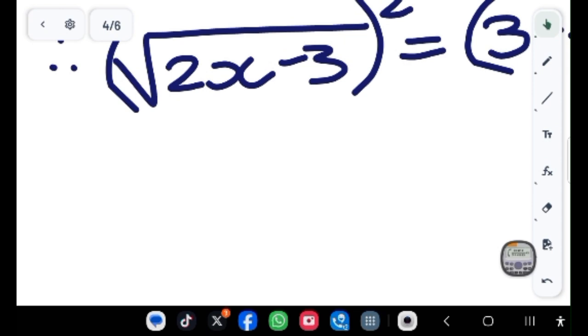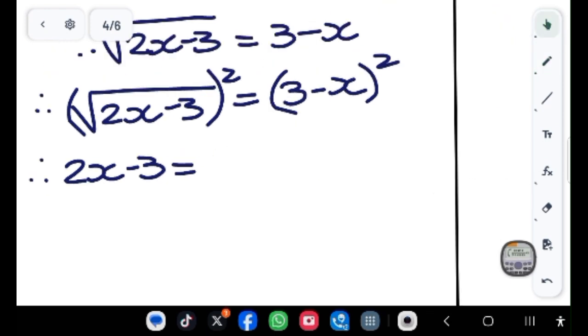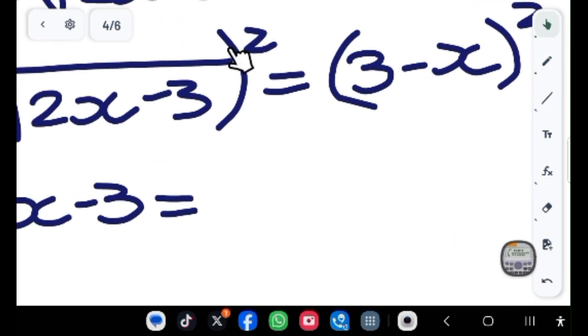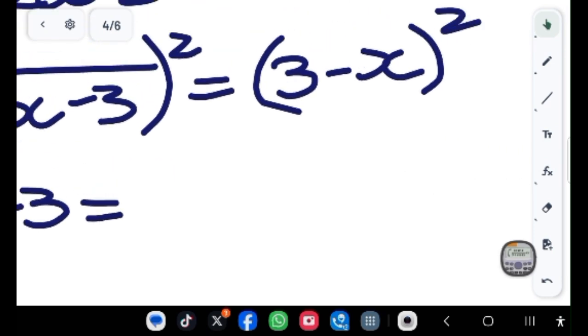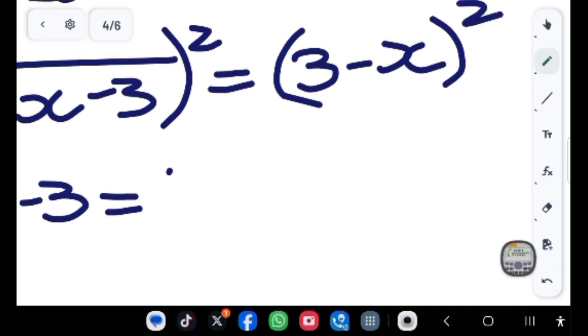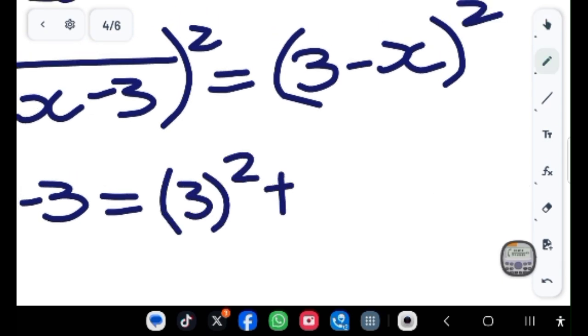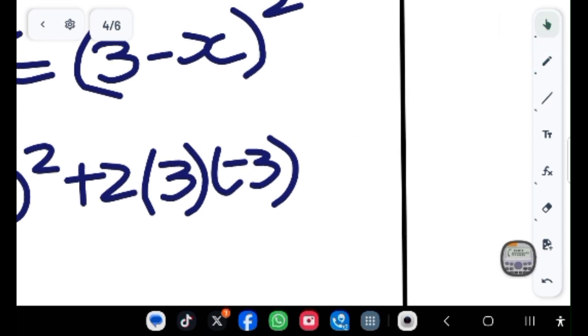Now notice that squaring introduces extra roots that may not necessarily be part of the final solution. So we must make sure that after we've done this, we check. Now, when you square a square root, you simply basically just take off the square root sign. Now here we're going to square the binomial, or you can use FOIL, it's up to you. I prefer squaring the binomial because that way I am not able to easily miss out anything.